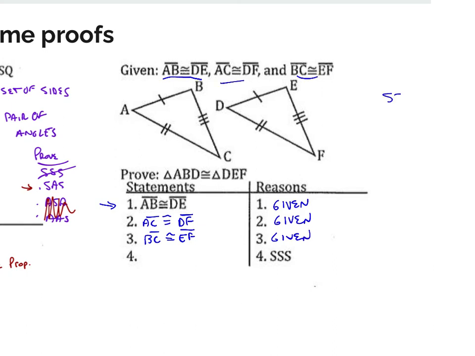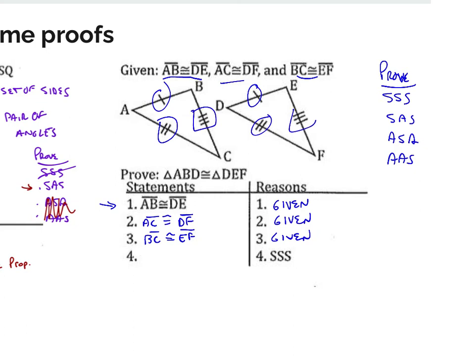So that says prove, by the way. I'm sorry about that. Just from the given information, you're given sides, and a third set of sides. So you're given all sides, no angles.